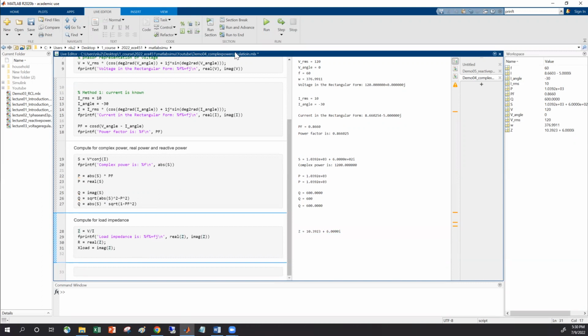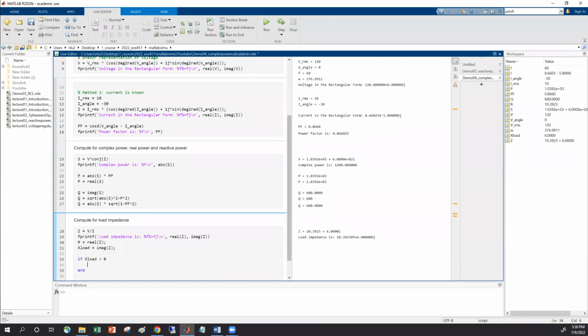So we can run this. You can see that the load impedance is simply this value, right? So the resistance equals the real part of Z, and then this reactive part of it is the reactance. So there's another thing we can do here. If our X load is greater than 0, then what will happen?